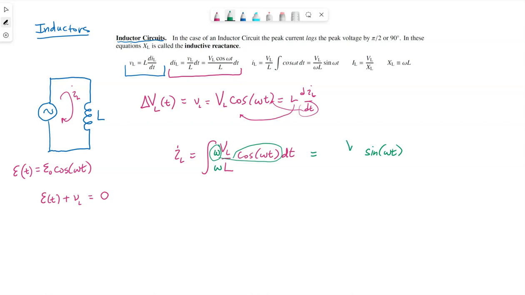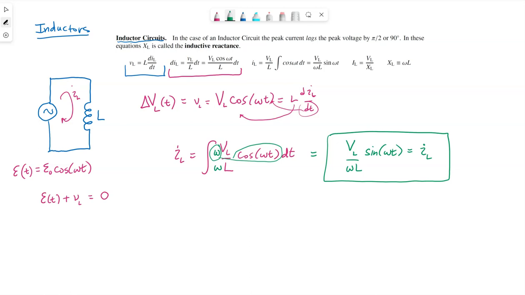So that leaves me still with the VL, so the maximum voltage drop across the inductor, divided by omega L. We are going to leave our current like this, so we are making the assumption that the current through the inductor at time equals 0 is 0.